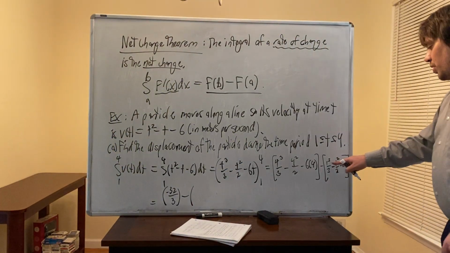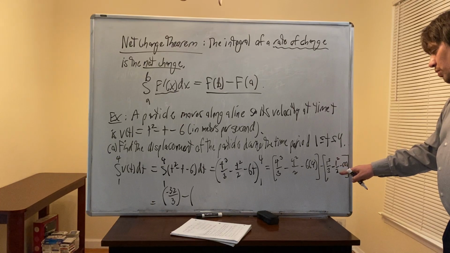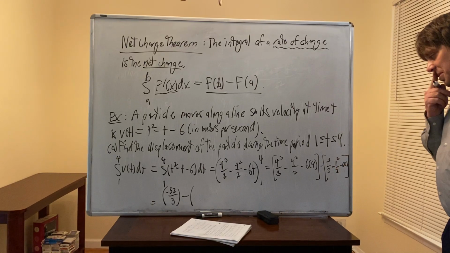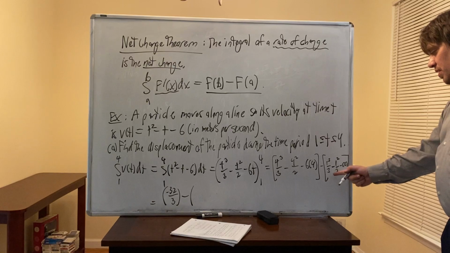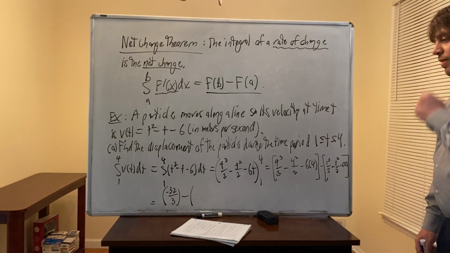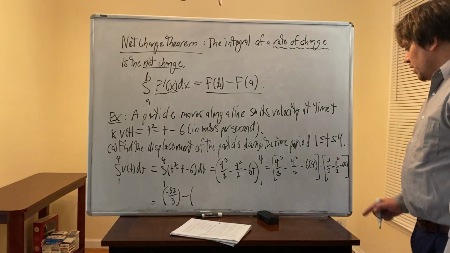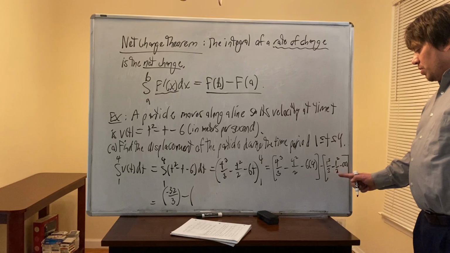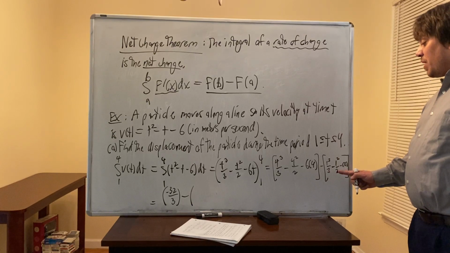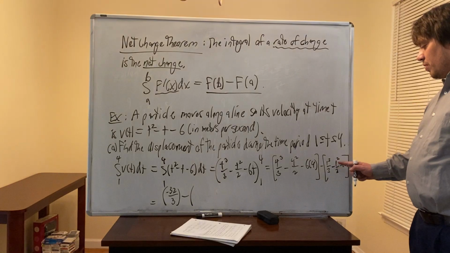Minus 1 cubed over 3 is 1/3, minus 1 squared over 2, which is 1/2. So 1/3 minus 1/2 minus 6. So that's 2/6 minus 3/6. That's negative 1/6 minus 6, that's negative 37 sixths. Wait, it's 2/6 minus 3/6. Sorry, which is negative 1/6.